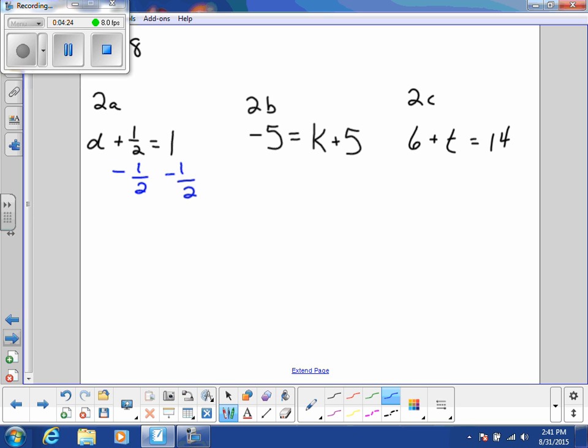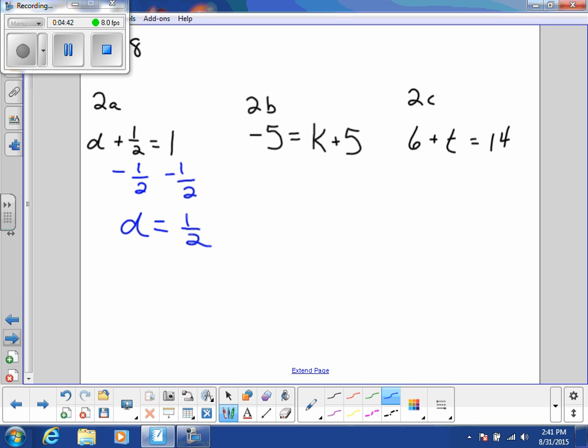Writing down what I just wrote here in blue, negative 1/2, negative 1/2, shows anyone, including your teacher, who's looking at your equation, what you did to solve it. 1 minus 1/2 is just 1/2, and that's the solution to the equation.